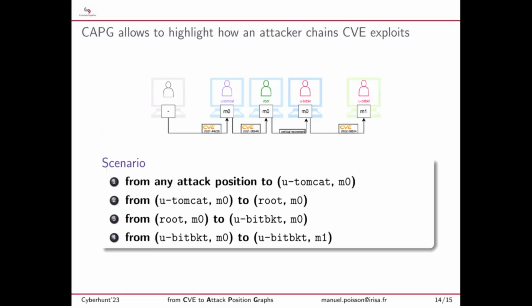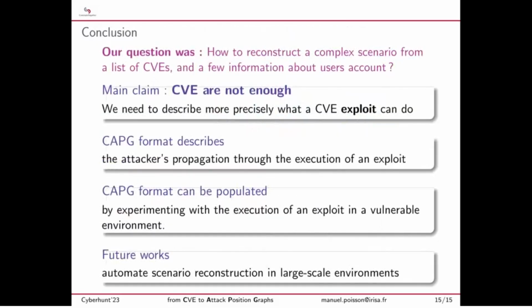So to conclude, our question was how to reconstruct a complex scenario from a list of CVEs and some information about the user accounts. Our main claim is that CVEs alone are not enough. We need to describe them more precisely and understand what the CVE exploit can do.